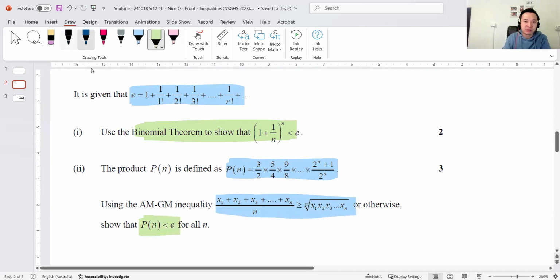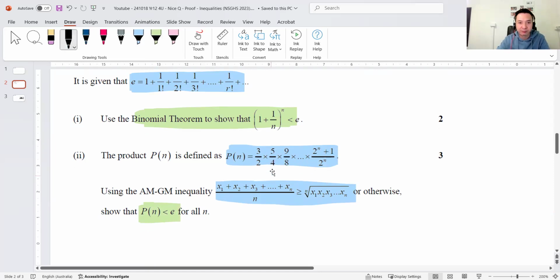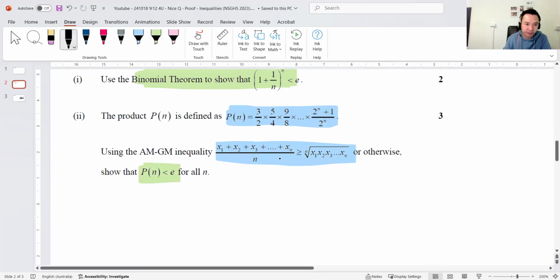Okay. Let's do this, right? So the first question tells you to use binomial theorem. So let's use binomial theorem. So part 1, I have the binomial expression looking like that.